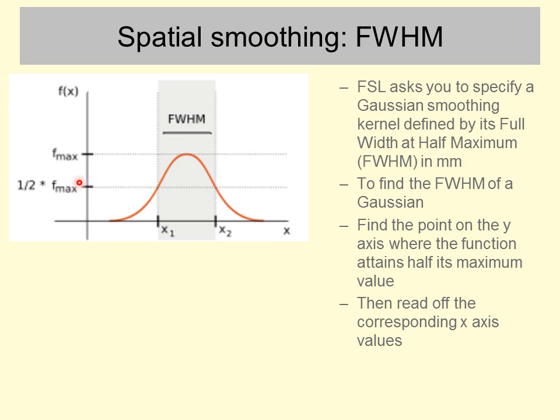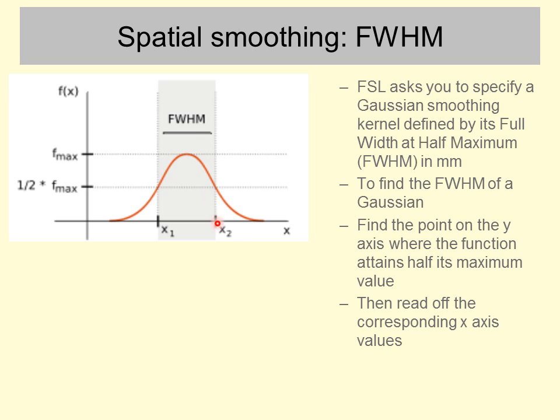Here on the y-axis we indicate half its maximum value. If we follow across to the x-axis, we can see the point where the function attains half its maximum value, and we can draw a line down, and then do the same on the other side of the Gaussian.